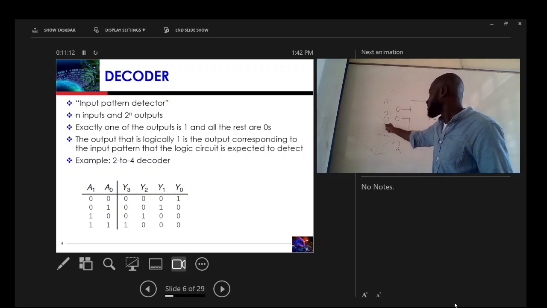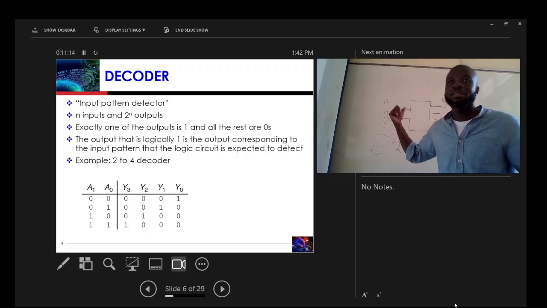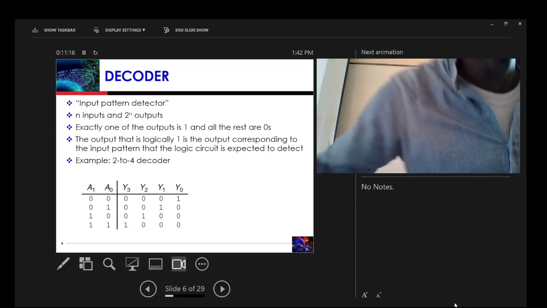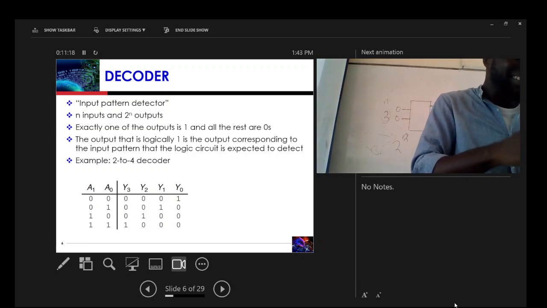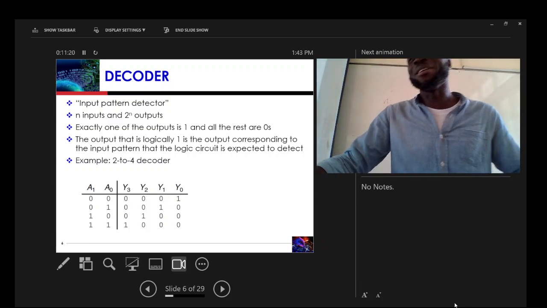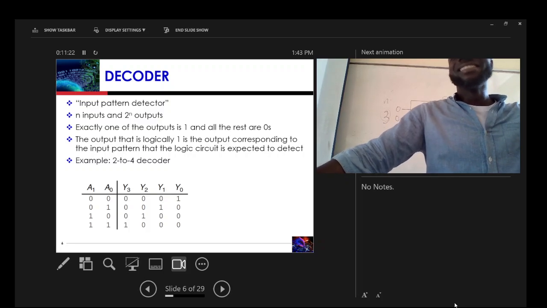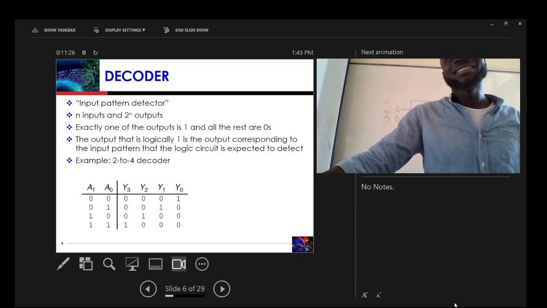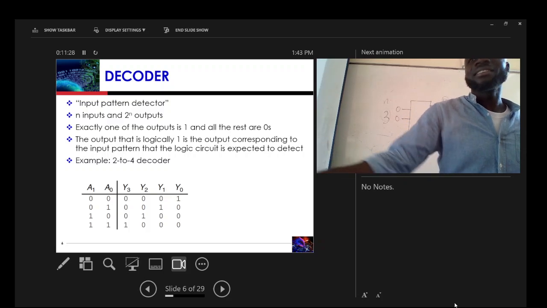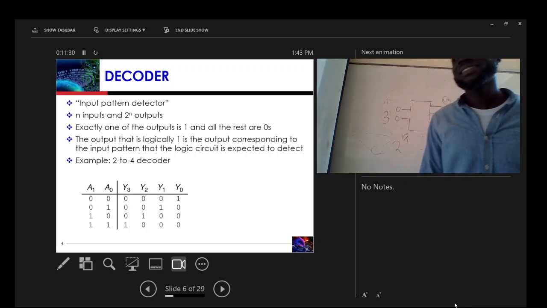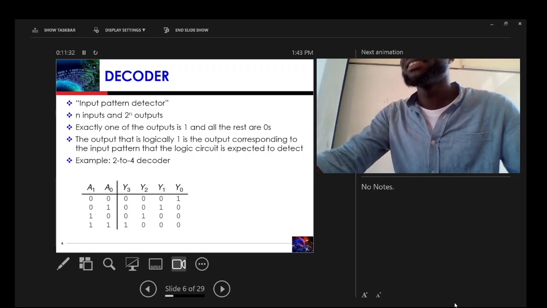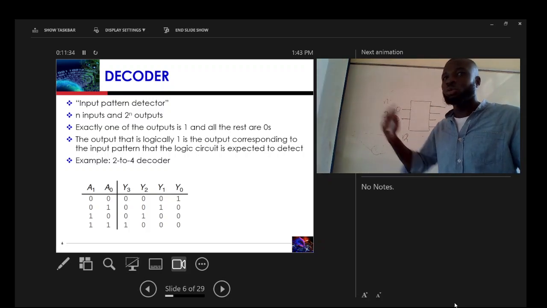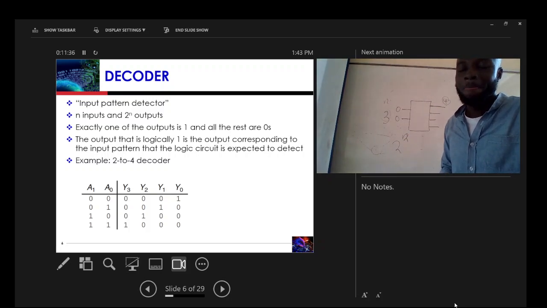If I have three inputs, my number of outputs is what? If I have 4, don't say 8, it's 16. 2 to the power the number.